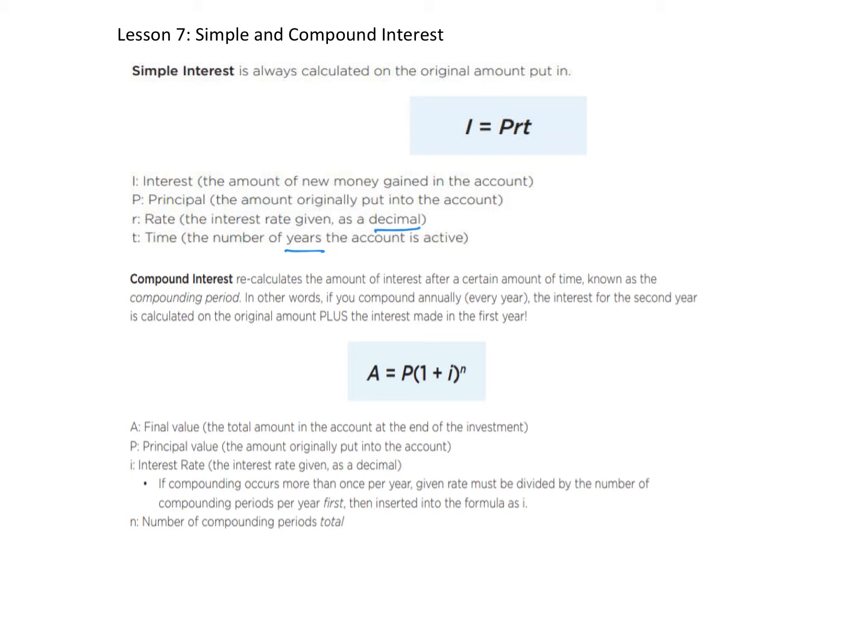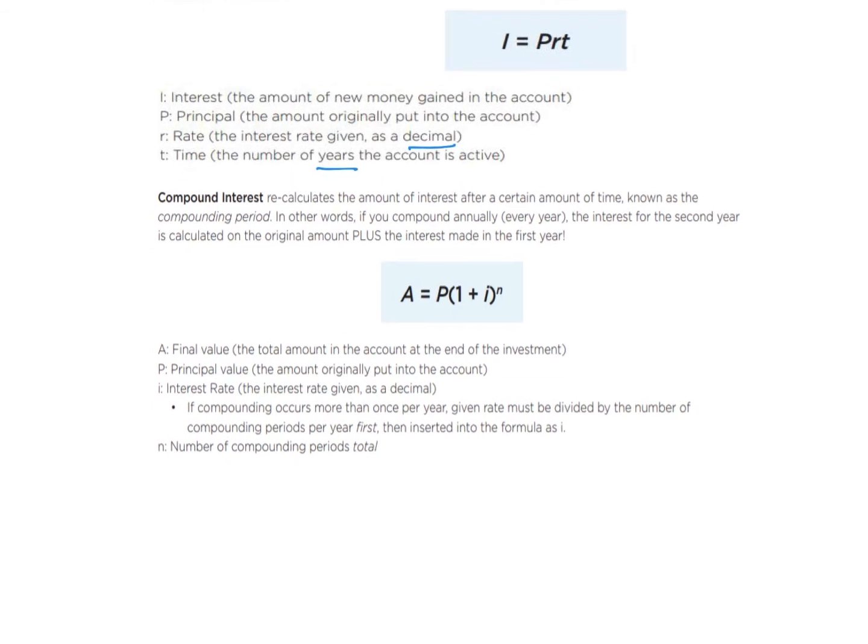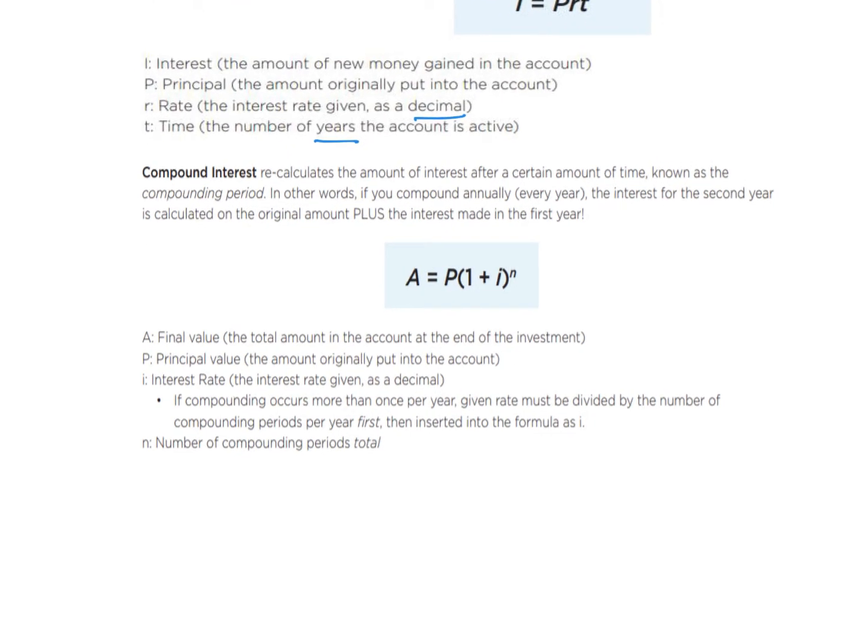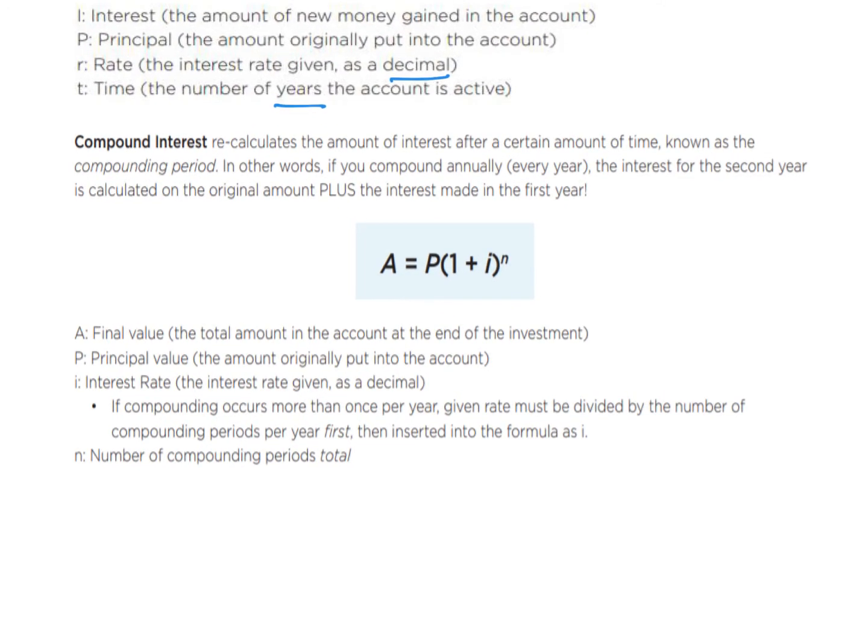Compound interest is often called interest on your interest because you are earning interest, then that interest is added to your original amount, and then the next time you get interest, it's being earned on the new amount. So this formula is A, being amount or final value, equals P, again that's the principal, the starting amount.